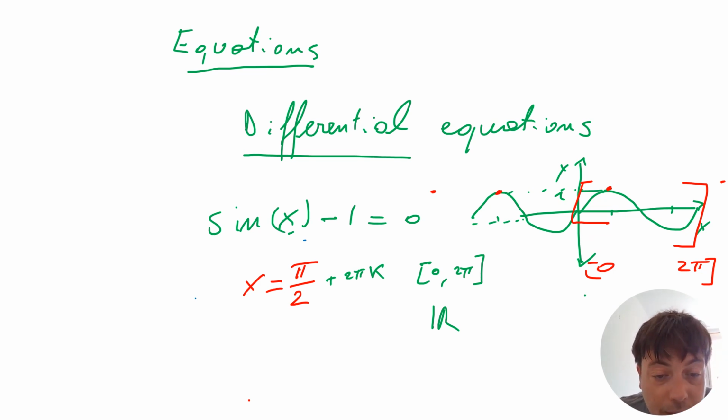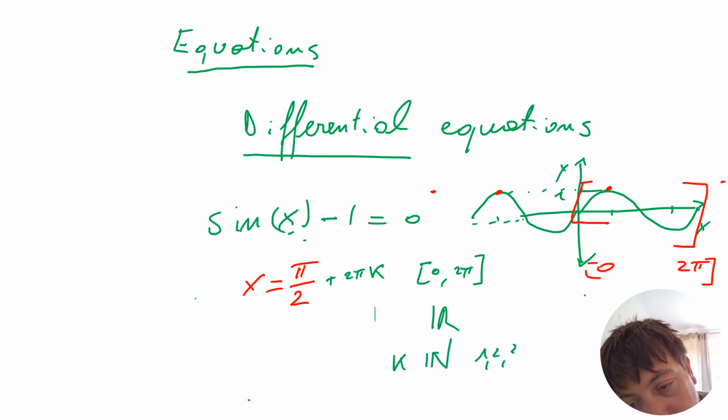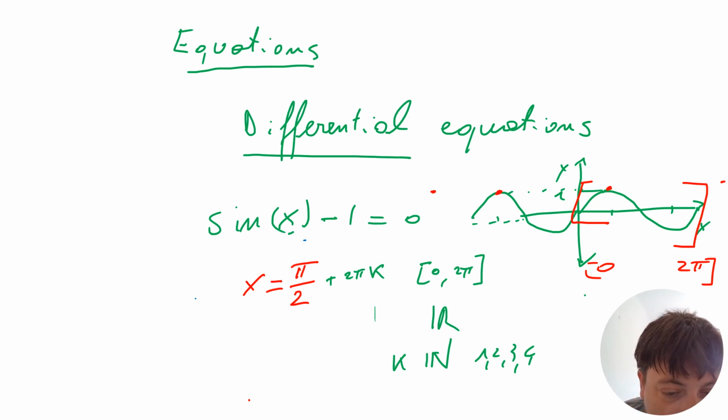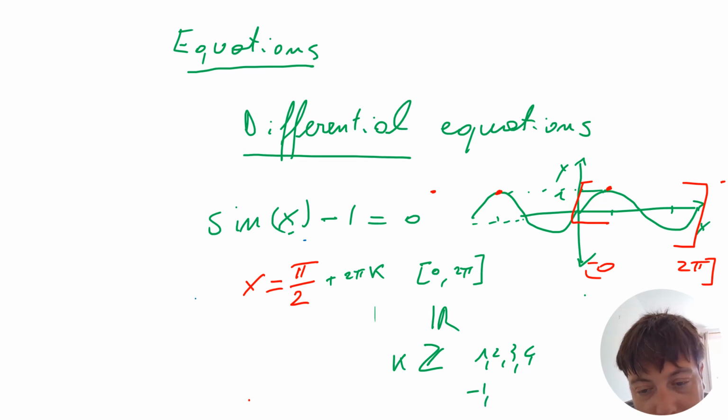Okay, so k is a natural number, so it could be 1, 2, 3. Actually, it's not a natural number, it's a relative number. There could be also -1, -2, -3, -4. I mean, you can count it, but you can count it also with negative sign. It could be 0.